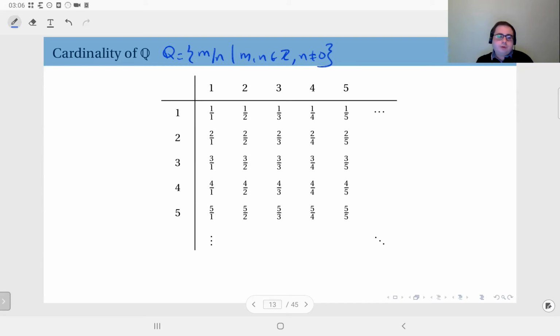So we'll just focus on the positive ones, and it will have the same cardinality. And this looks a lot like the ordered pairs from earlier, because you just have a pair of integers, and a rational number is just their ratio. Okay, so it already looks like this is going to be countable. But can we come up with a pairing function, let's say?